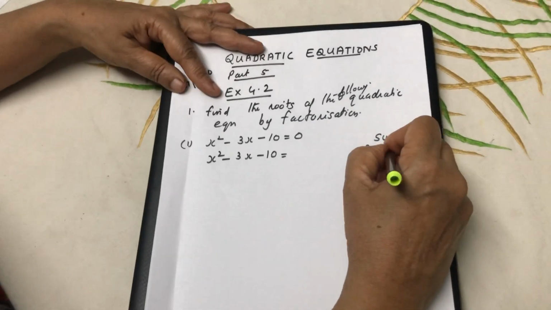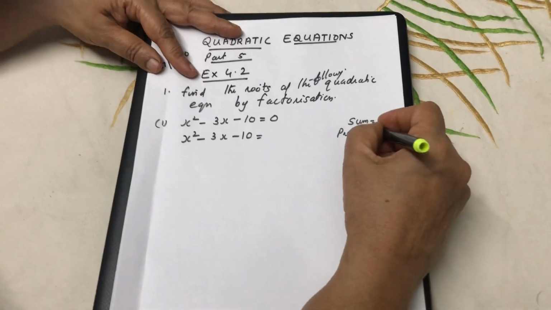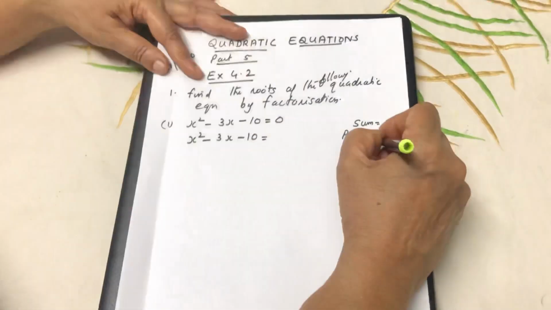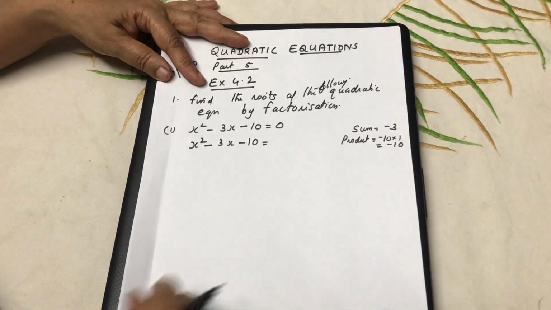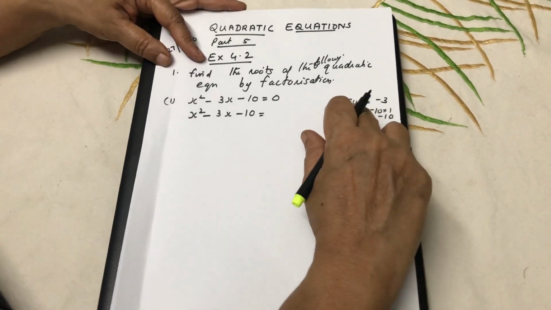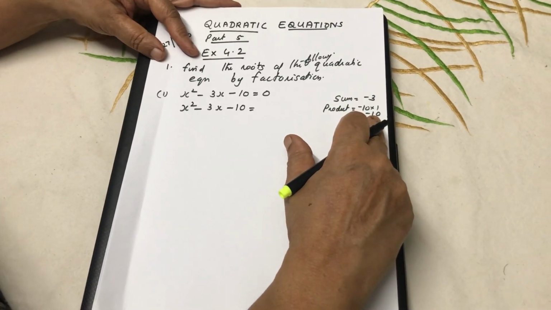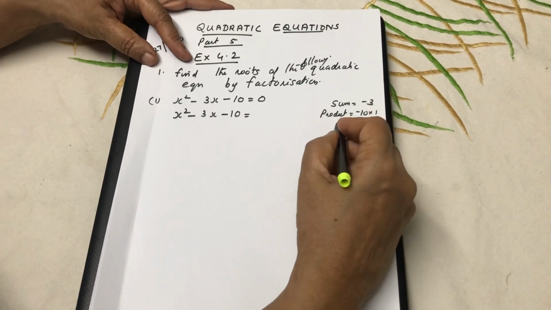Product is constant term into coefficient of x squared, minus 10 into 1 is minus 10. So you have to find two numbers whose sum is minus 3 and the product is minus 10.